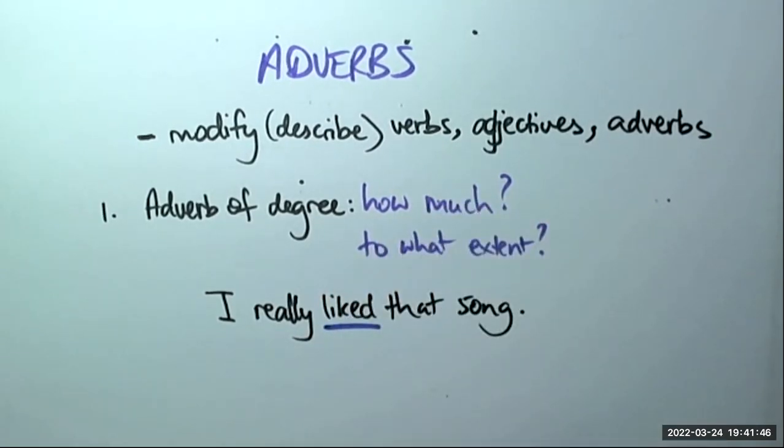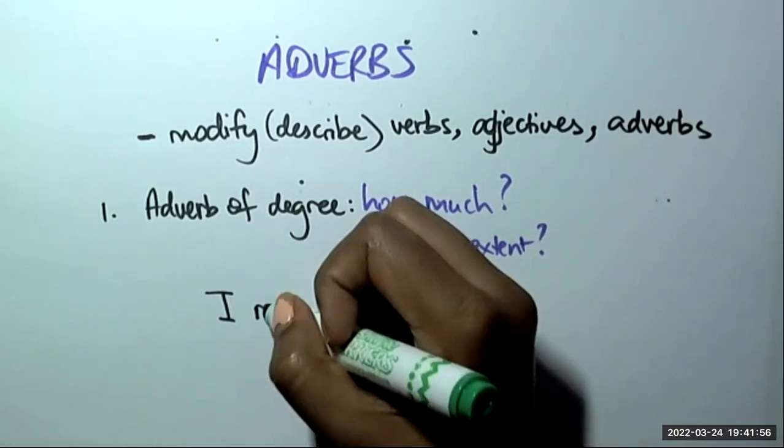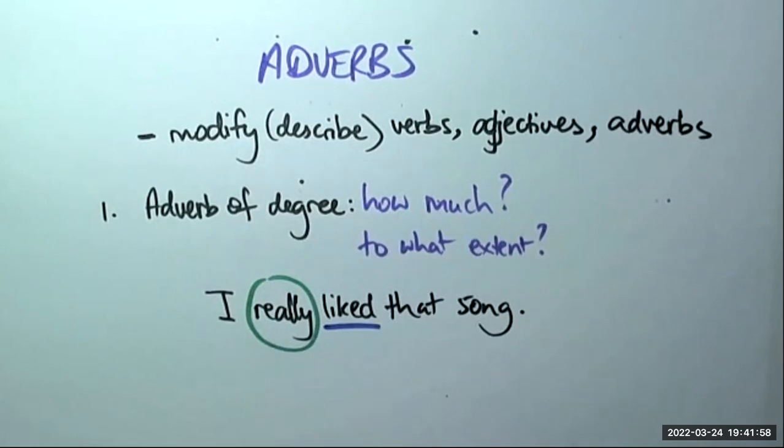And then we ask the question, how much did I like that song? I really liked that song. So it gives you that degree. To what extent did I like that song? I really liked it. Are you still hearing me, Anjali?